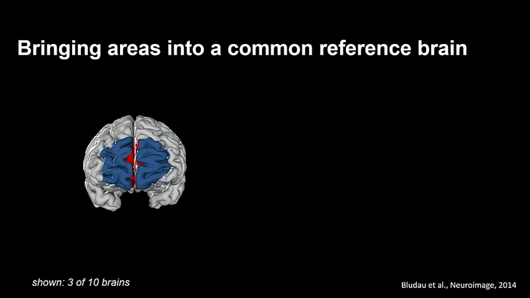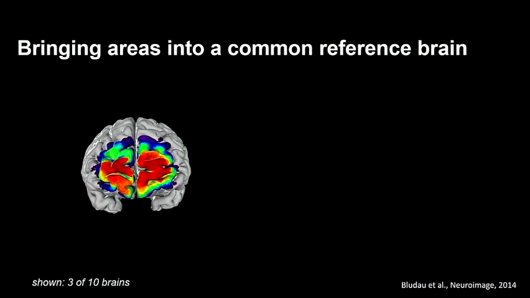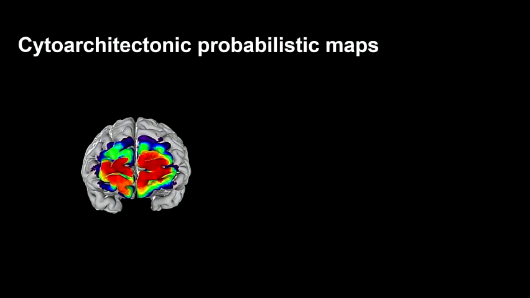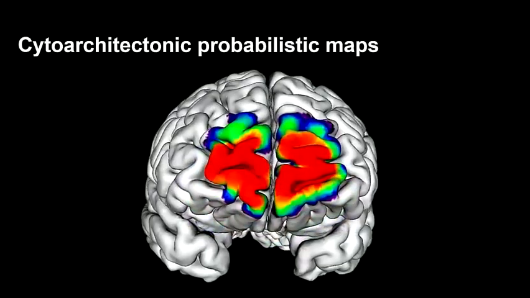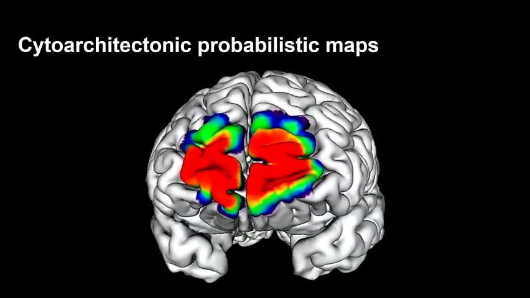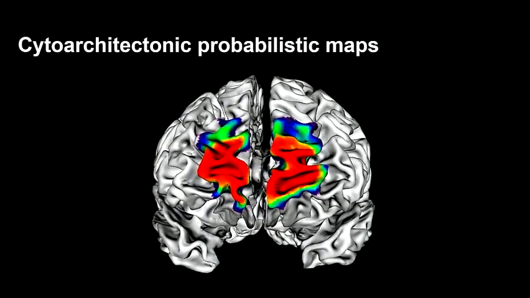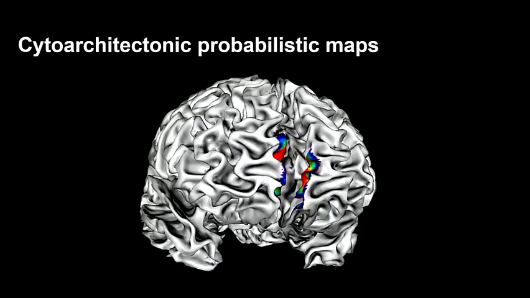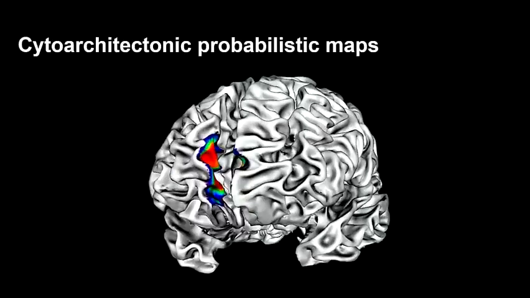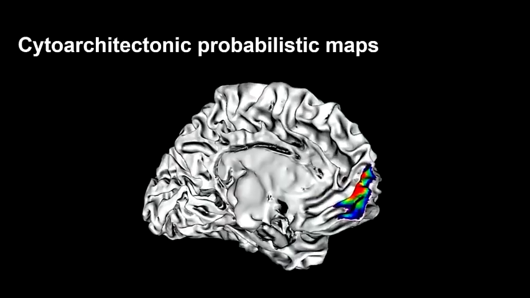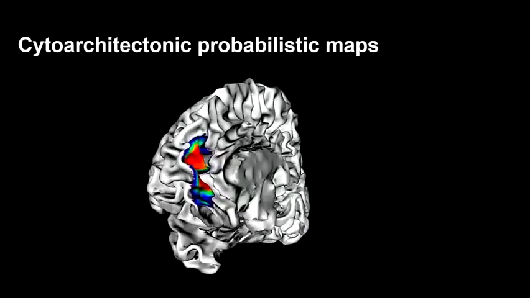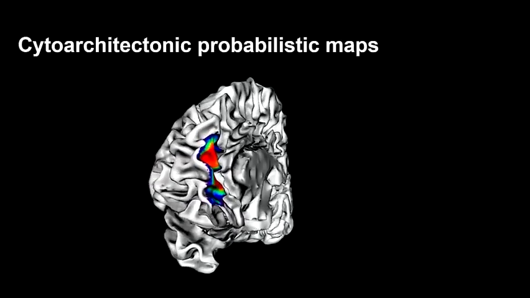And we can superimpose the individual maps in such a way that they can be represented as so-called probabilistic maps. The probabilistic maps show for each voxel of the reference space the probability with which a certain cytoarchitectonic area can be found. These are the two areas, the more mesially located area, FP2, and the more laterally located area, FP1.